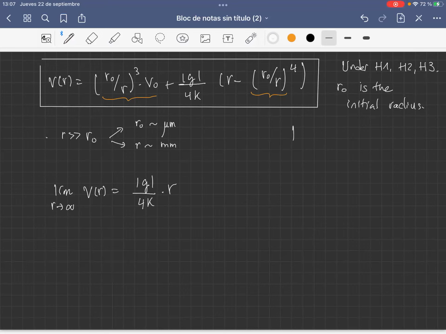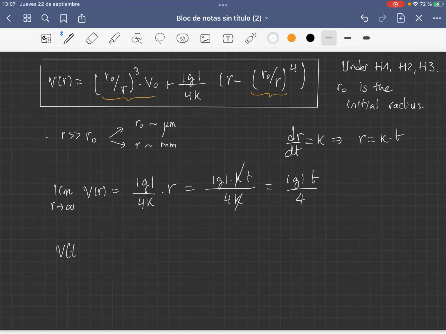But also we knew that the r with respect to time is changing at a constant rate that was q, so r can be considered as q times t. So this can be rewritten as g q times t divided by 4k, and we can get to an approximate equation of how the velocity where the radius becomes big can be represented by this simple equation.